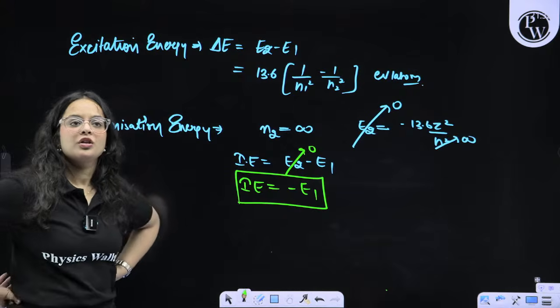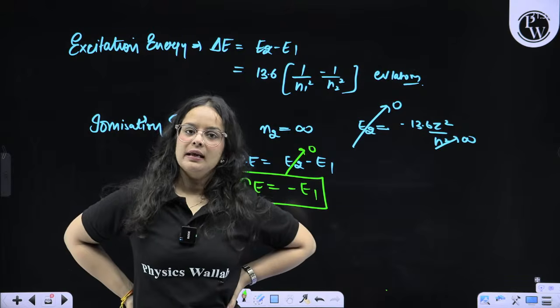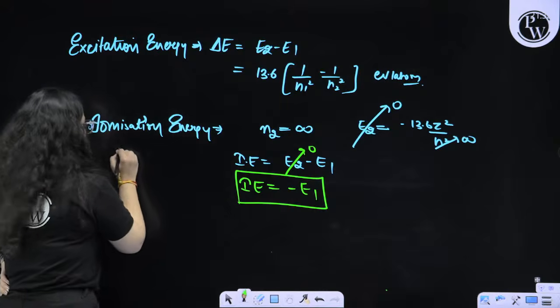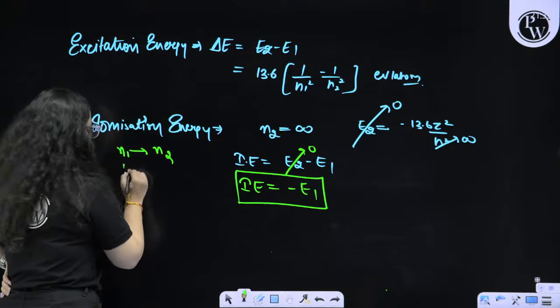So say they are asking you about the ionization energy of hydrogen. Hydrogen contains a single electron in the ground state only. That means the transition occurs from the ground state, first, to the infinite level.